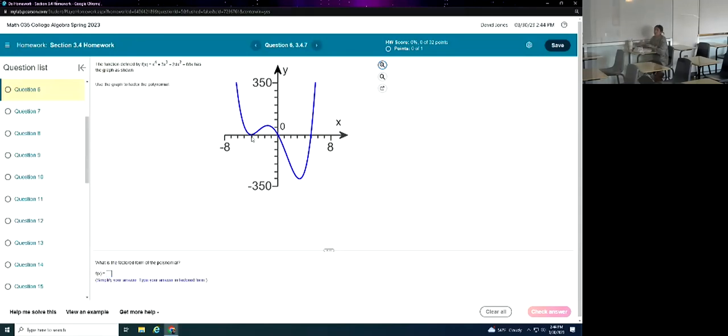So I got it coming down. The graph comes down, hits -4, and bounces back up. And it crosses at 0, and it crosses at 5.